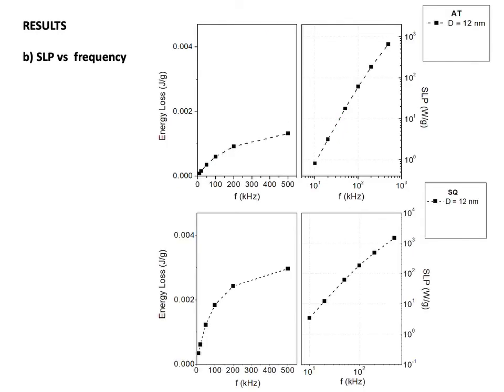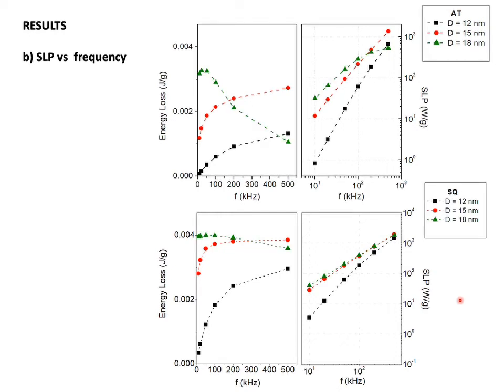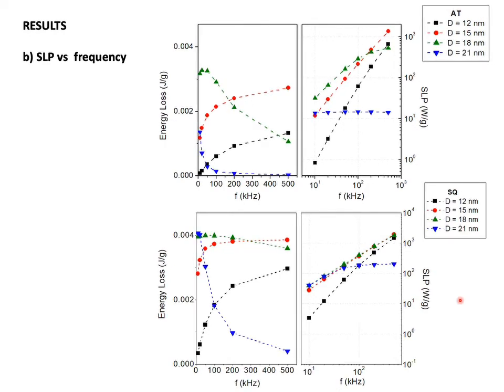Now let's model the behavior of the specific loss power versus frequency. In the case of asymmetric triangular wave, the energy loss and the SLP behave in this way for the asymmetric and the square, and we can see that it is almost the same for this dimension. Then if we change dimension, we start to experience a different behavior, which changes a lot by further increasing the dimension of nanoparticles.